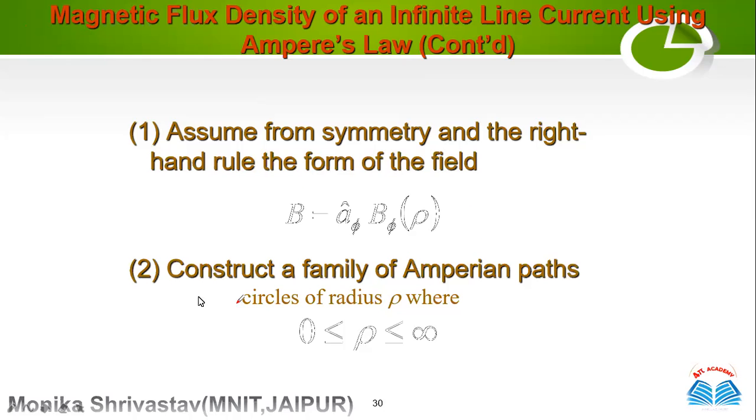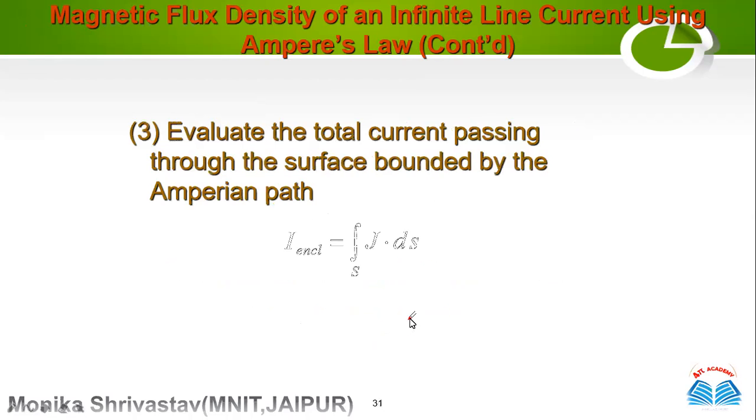And the second one is we have to construct a family of Amperian paths. So we will put a boundary: rho is greater than or equal to 0 and less than or equal to infinity, where for this symmetry, rho is the radius of those conventional circles of that cylinder.